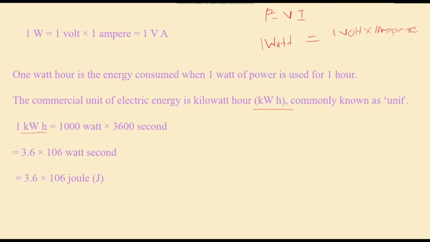That means 3.6 into 10 raised to 6 watt second is 1 kilowatt hour, or we can say 3.6 into 10 raised to 6 joule.